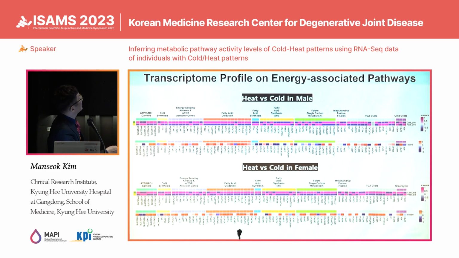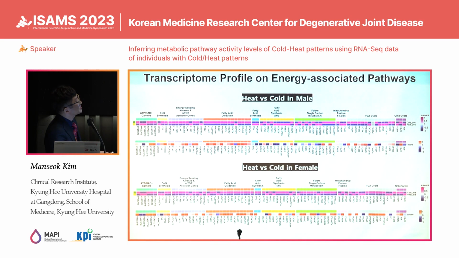So let's take a look at some pathways. For the energy sensing kinase and mTOR pathway, we have seen upregulation in male with cold pattern. Again here, upregulation for male with cold pattern.